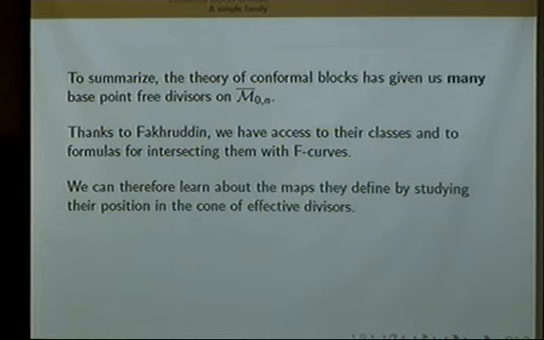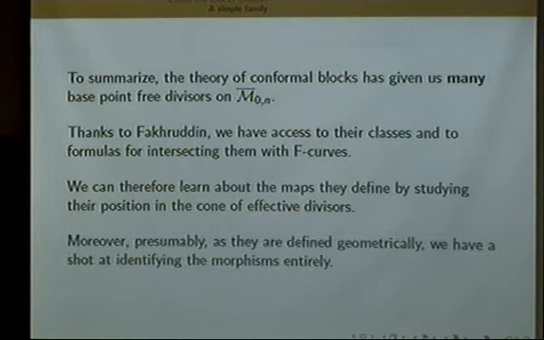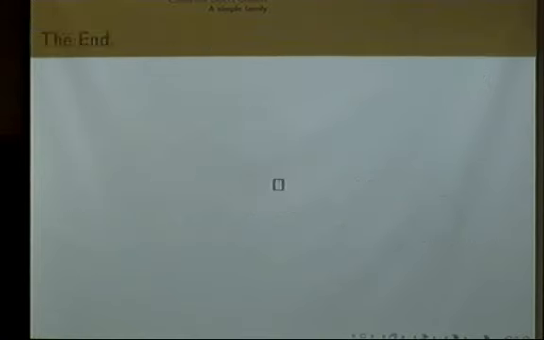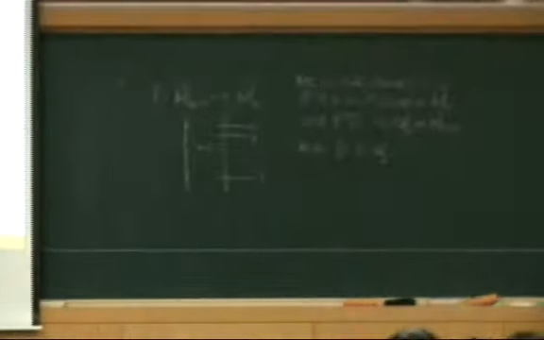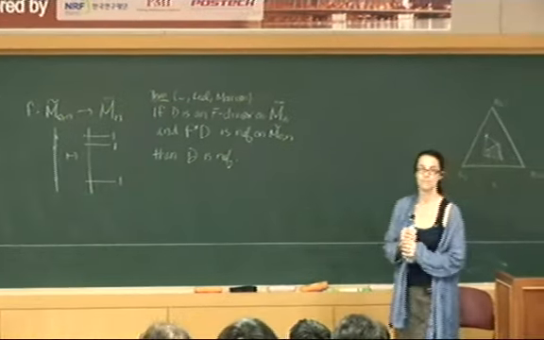We can maybe compute their classes and see actually that they're pullbacks of something. And presumably, as these are defined geometrically, I think we have a good shot at maybe finding the key to understanding, when we see one of these, what the morphism should be. So that's the end of my talk. Any questions?